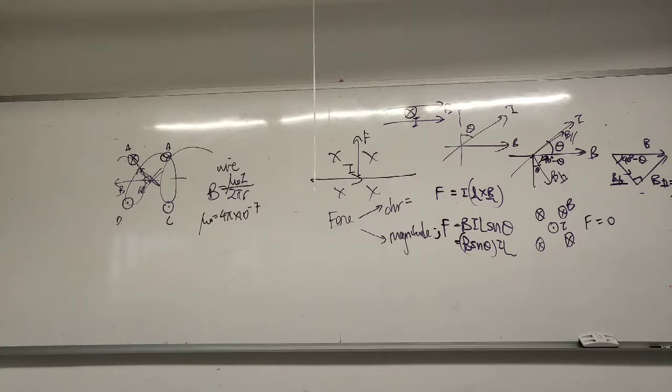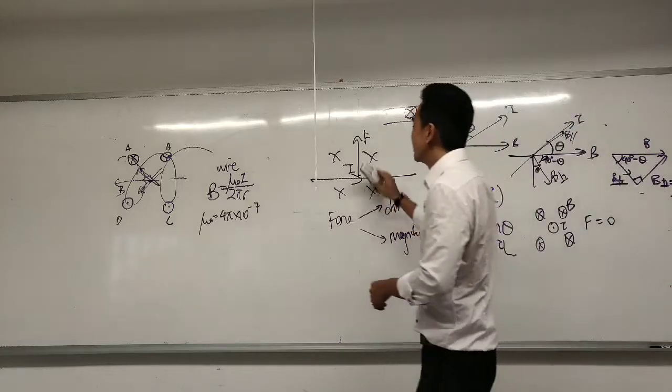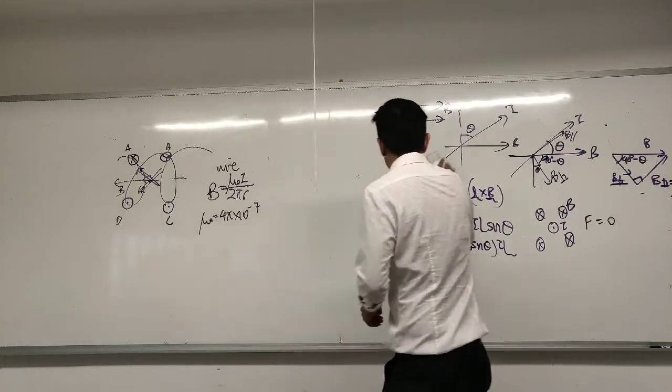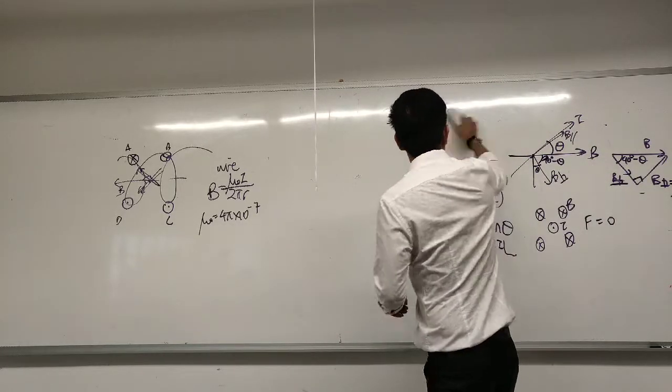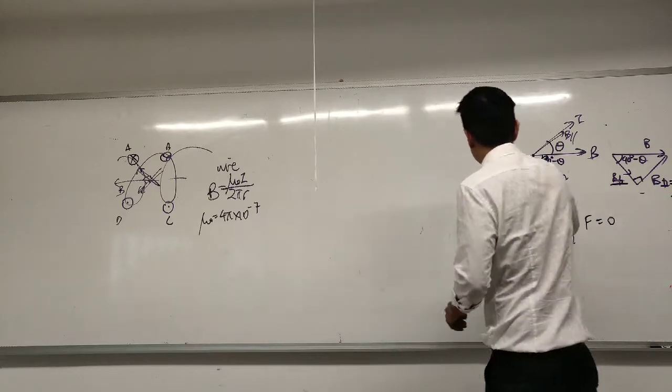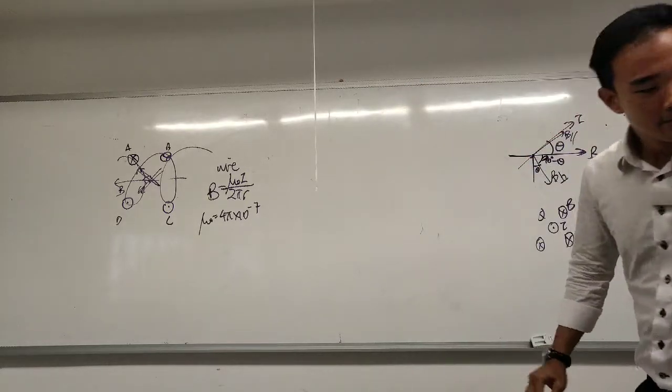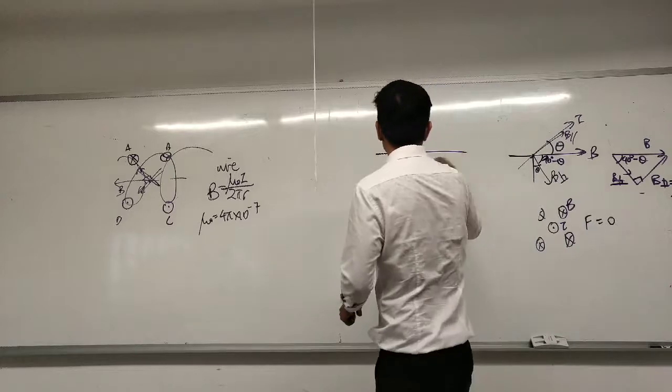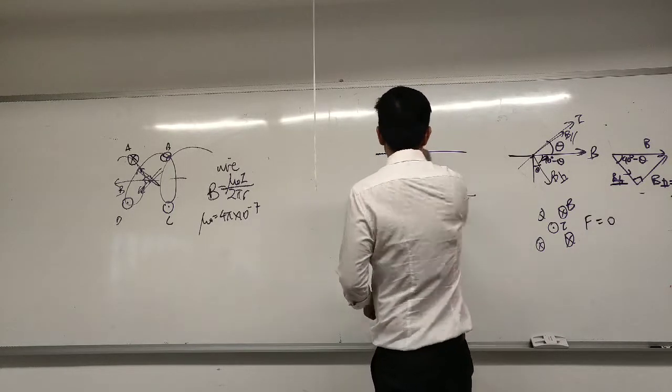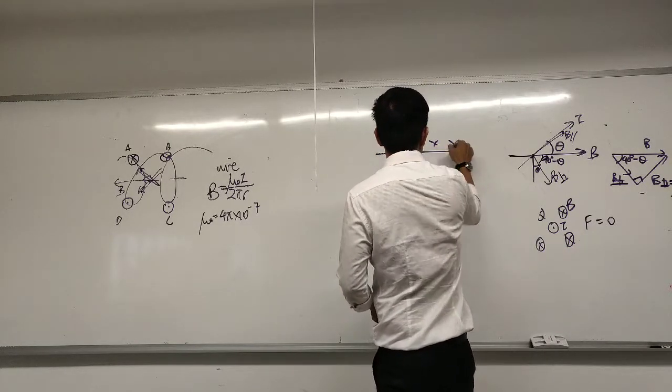Right, let's try some questions, shall we? From easy to more difficult ones, or what I think is easy. Let's go for the first one. This is ground. This is field, in.